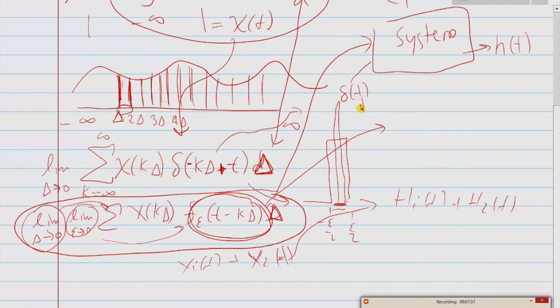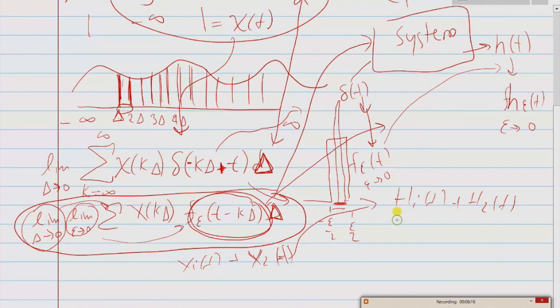Then if I say that I represent the Dirac delta in the limit definition, f epsilon of t, as epsilon goes to 0, that means likewise I can represent the impulse response as a function, let's call it h epsilon of t, and the definition of it is when epsilon goes to 0, it forms the impulse response.